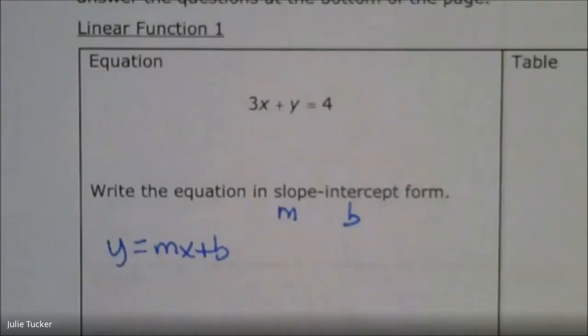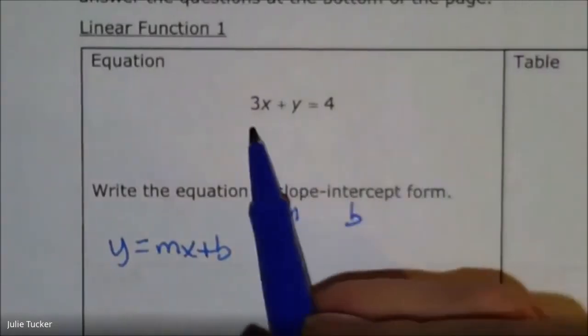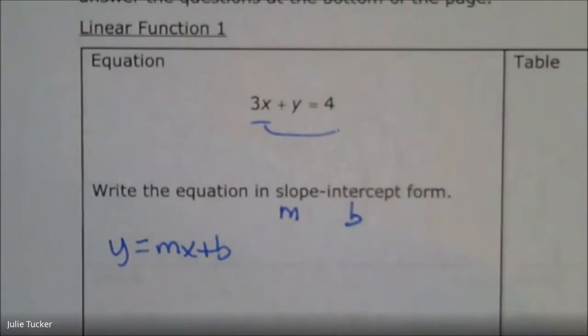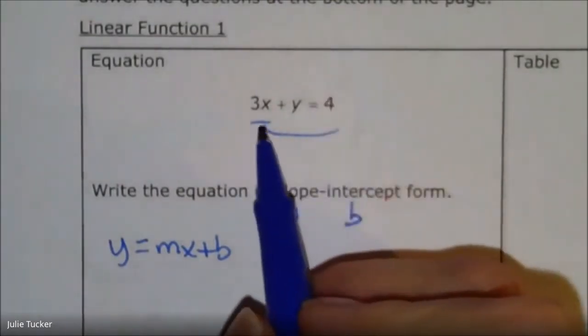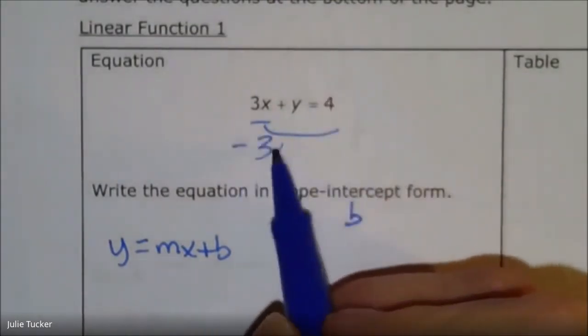Yeah. y equals 3. Well, you can't just take this and put it over there without doing something to it. So if you're going to move the 3x, you need to subtract it on both sides.